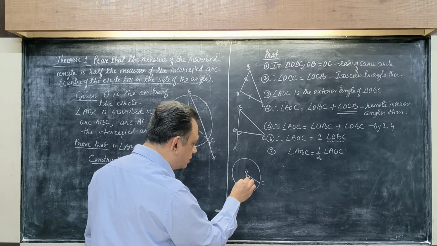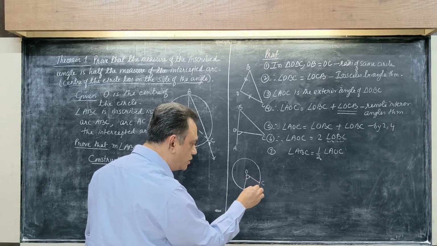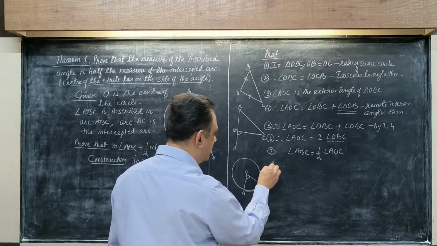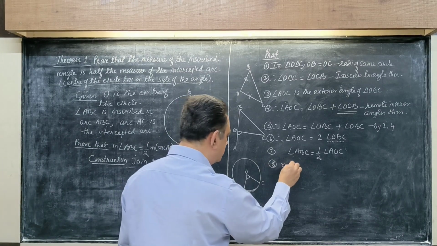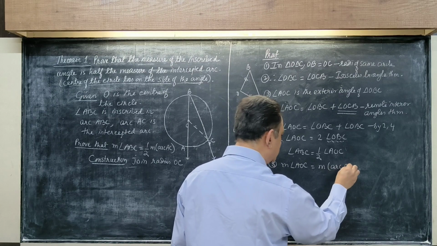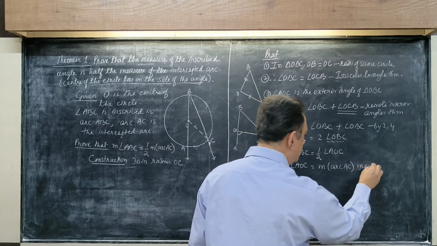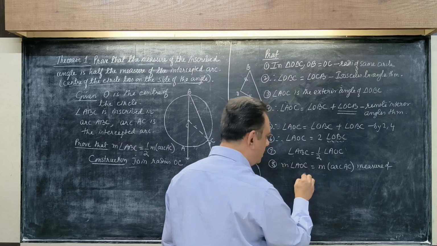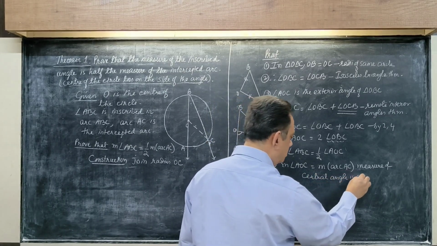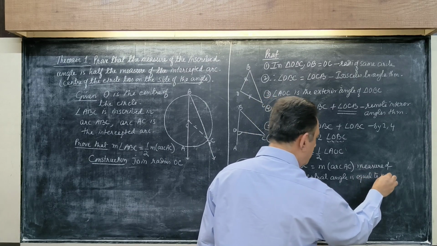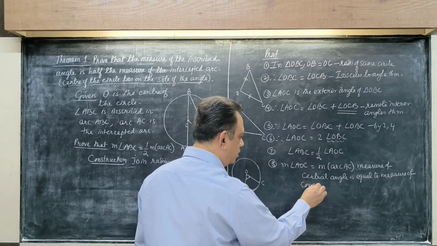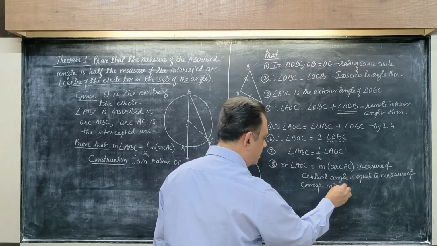Measure of the central angle is equal to the measure of the corresponding minor arc. So, 8th step: measure angle AOC is equal to measure arc AC. Measure of central angle is equal to measure of corresponding minor arc.